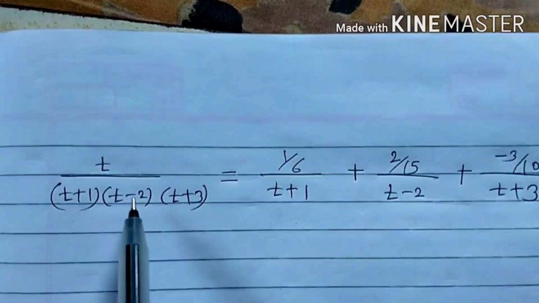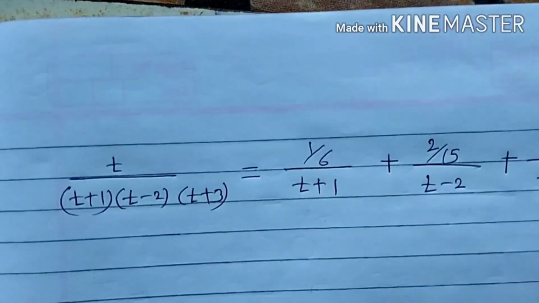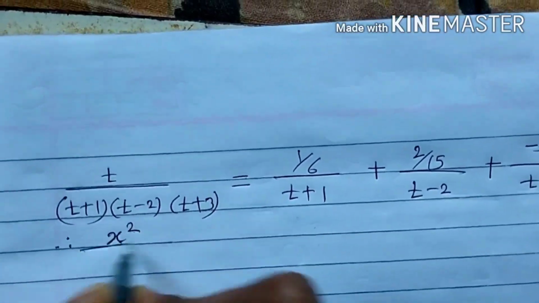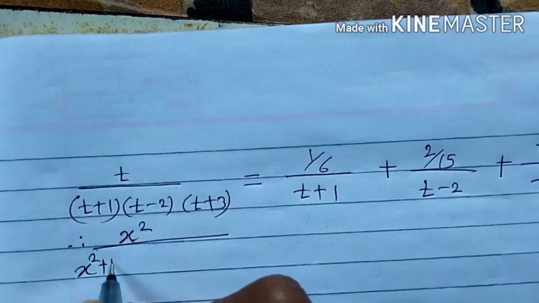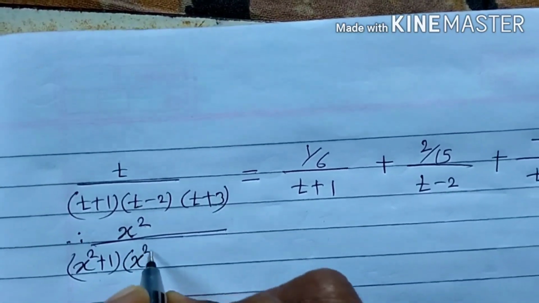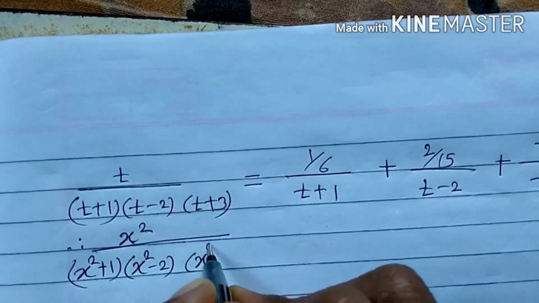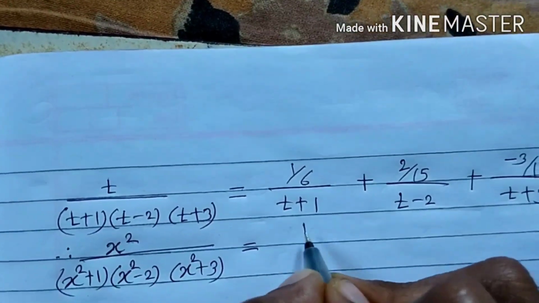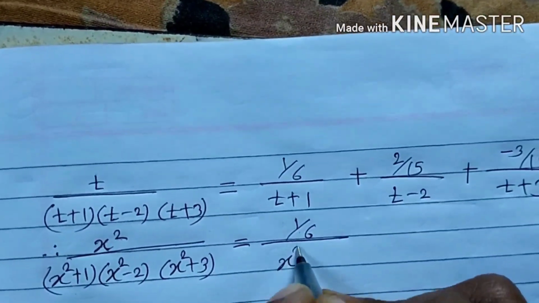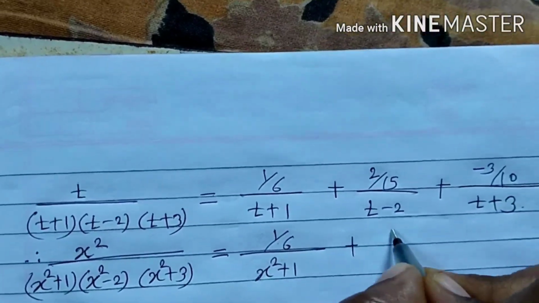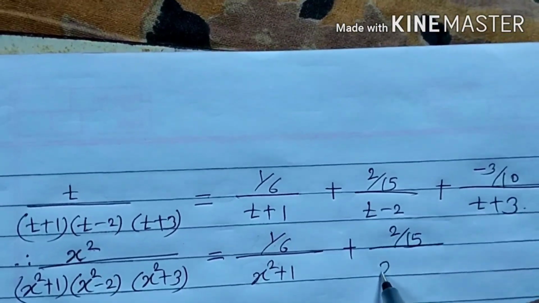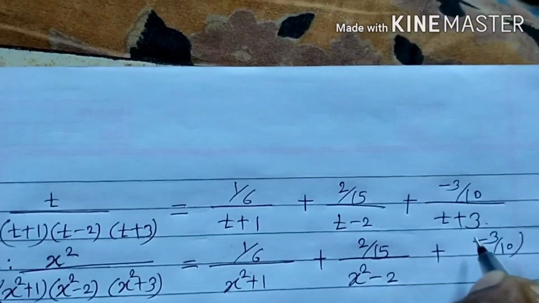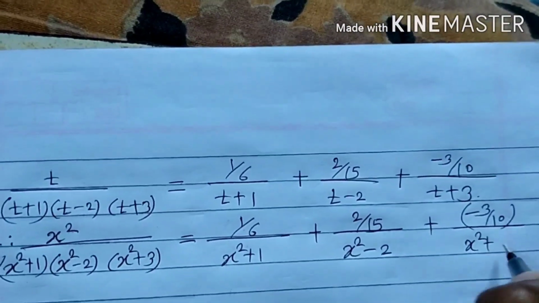But we know that the value of t is x square. So you can write here like that. Therefore, x square upon (x square plus 1)(x square minus 2)(x square plus 3) is equal to 1 by 6 upon (x square plus 1) plus 2 by 15 upon (x square minus 2) plus minus 3 by 10 upon (x square plus 3).